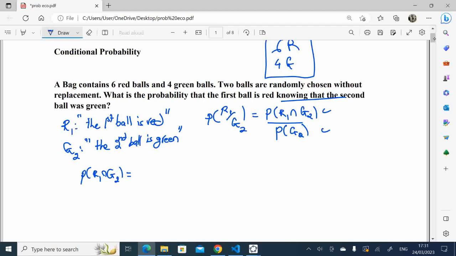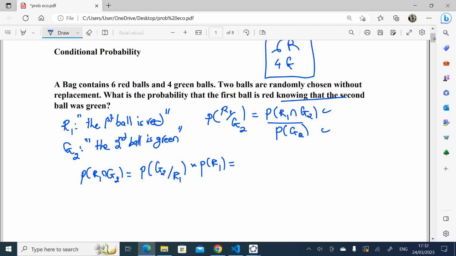So I need to write P of R1 intersection G2 as P of G2 knowing the first ball was red, times P of R1.